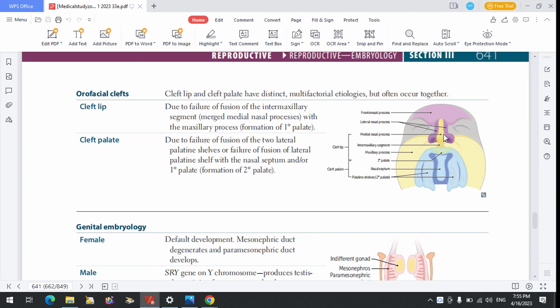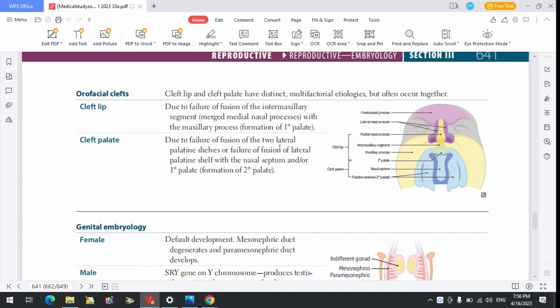They fuse together to form the intermaxillary segment, which is this one. It is this intermaxillary segment that will now fuse with the maxillary process beside it. These guys here, they fuse with this guy to form the primary palate, which develops into structures that form the lip and part of the palate too.